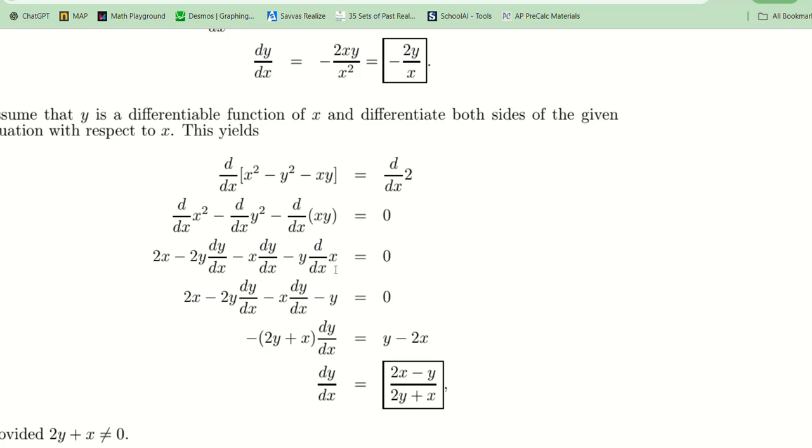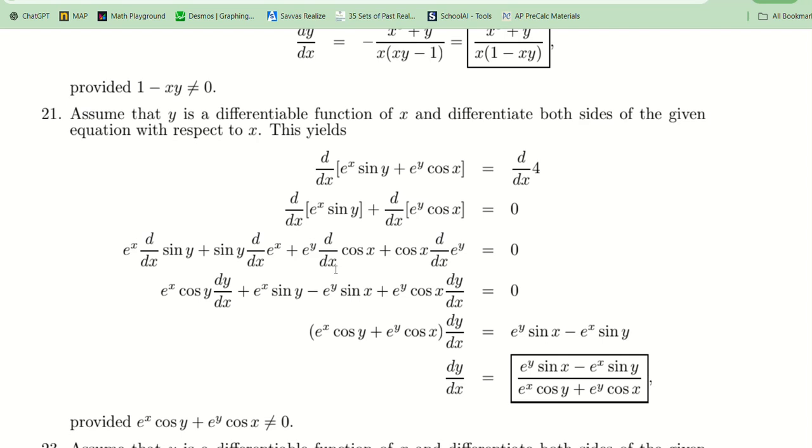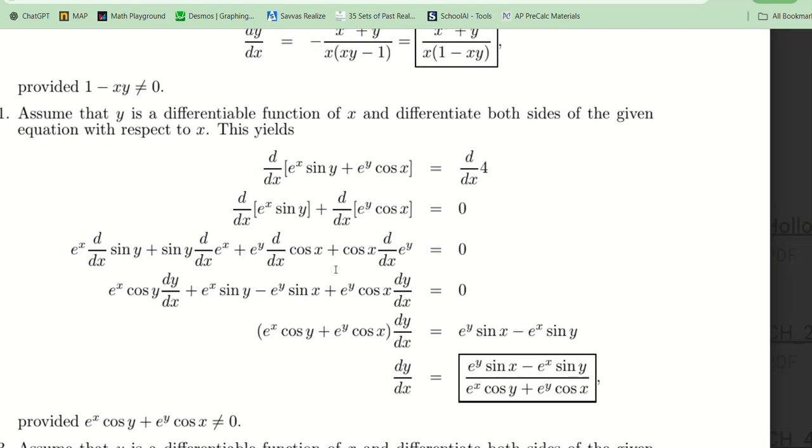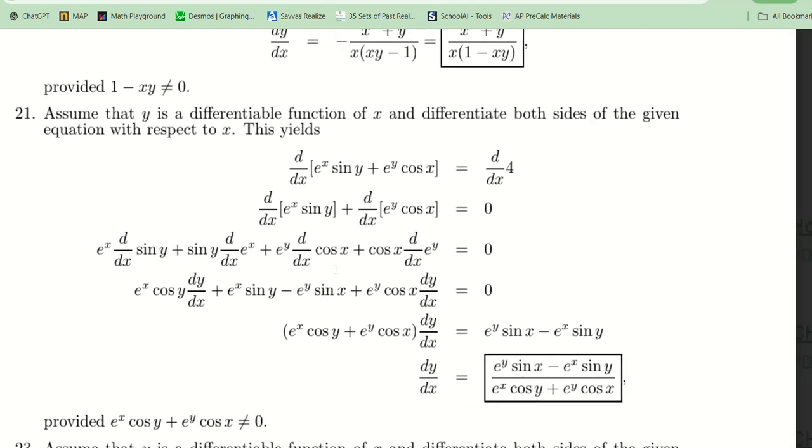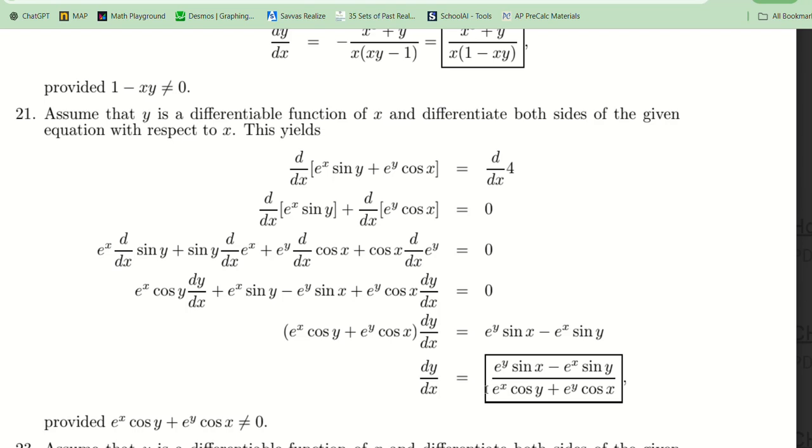Bummer. Why not? Oh, that's a good problem. Okay, they're all good problems. That's not fair. This one's not very good looking. Gross. I am hopeful, and I'm trying to see if there's a way that it could shake out differently. I think this is probably what you have: e to the y sine x minus e to the x sine y all over e to the x cos y plus e to the y cos x.